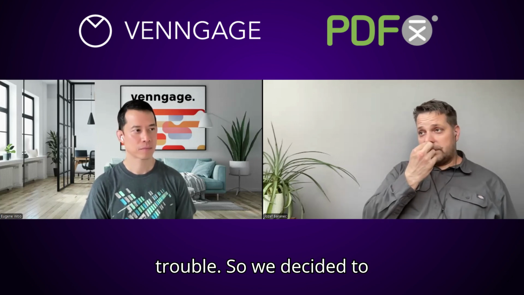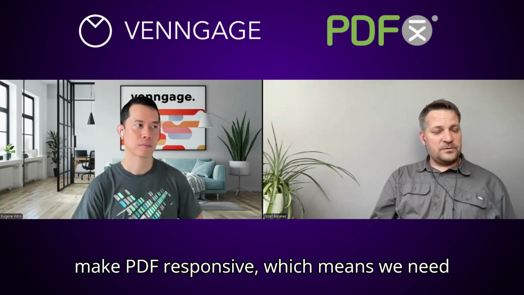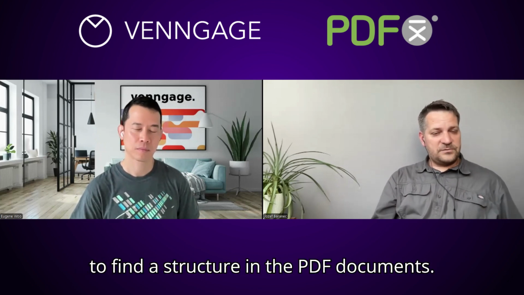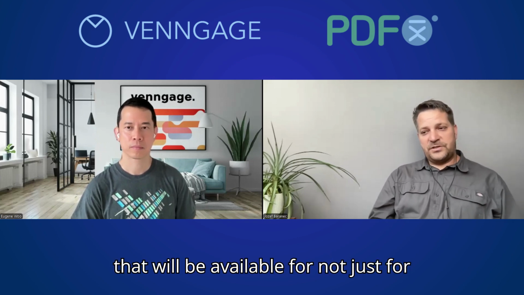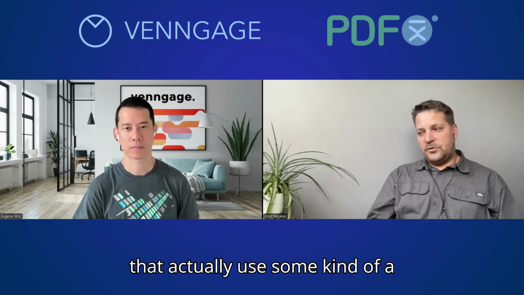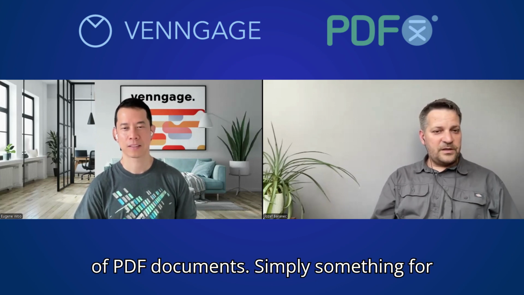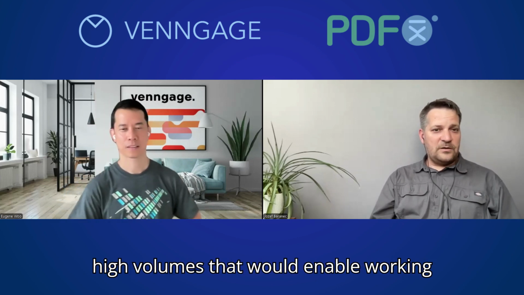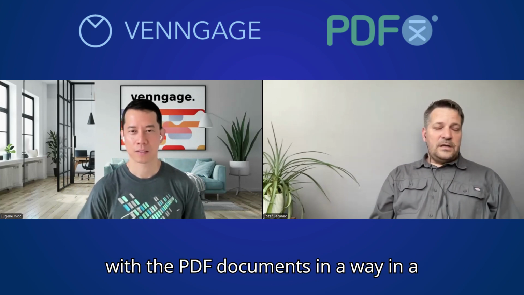So we decided to do something with it, and we decided to make PDF responsive, which means we need to find a structure in the PDF documents. And here we all started. We decided to create a library that would be available not just for end users, but also for companies that use mass production and mass consumption of PDF documents, simply something for high volumes that would enable working with PDF documents in a different way.